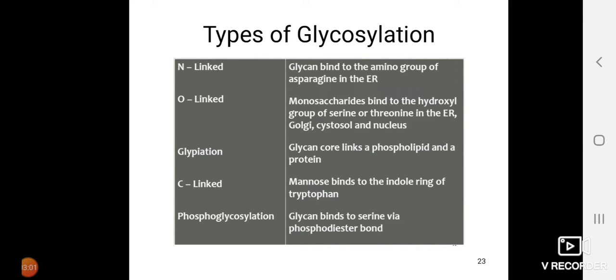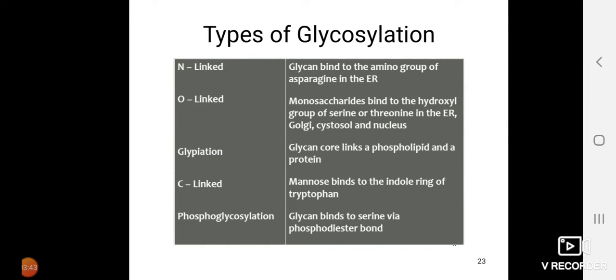Majorly we come across two types: N-linked glycosylation and O-linked glycosylation. In N-linked glycosylation, the glycan added is already a constructed sugar tree, that means multiple sugars, all these glycosyl units, attached to one another, and this complete oligosaccharide tree is going to get transferred onto the amino group of the asparagine amino acid on the nascent polypeptide chain within the endoplasmic reticulum.